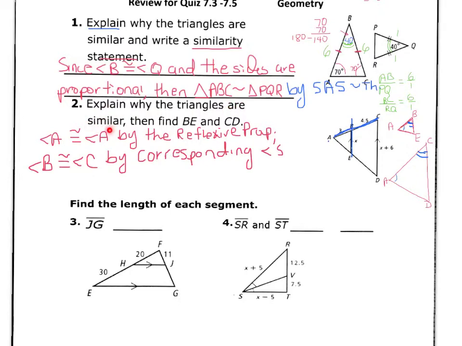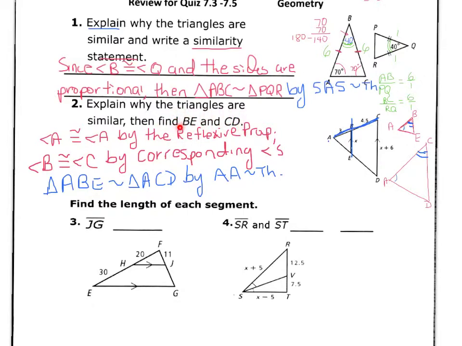Since those two pairs of angles are congruent, I can say triangle ABE is similar to triangle ACD, and the reason is the angle-angle similarity theorem.